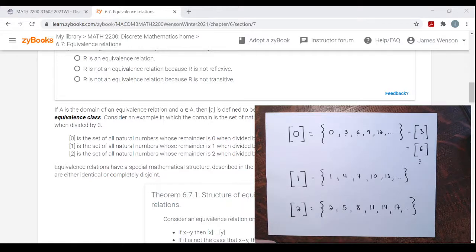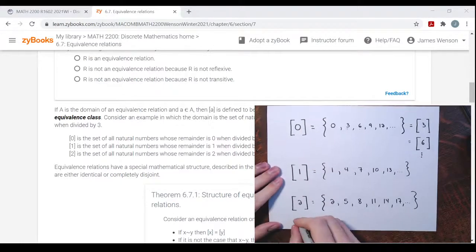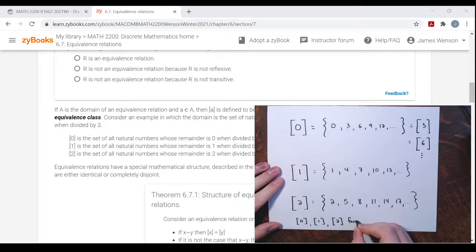This was an equivalence relation on the natural numbers. And you've seen the word partition before, back in chapter 3 on sets.